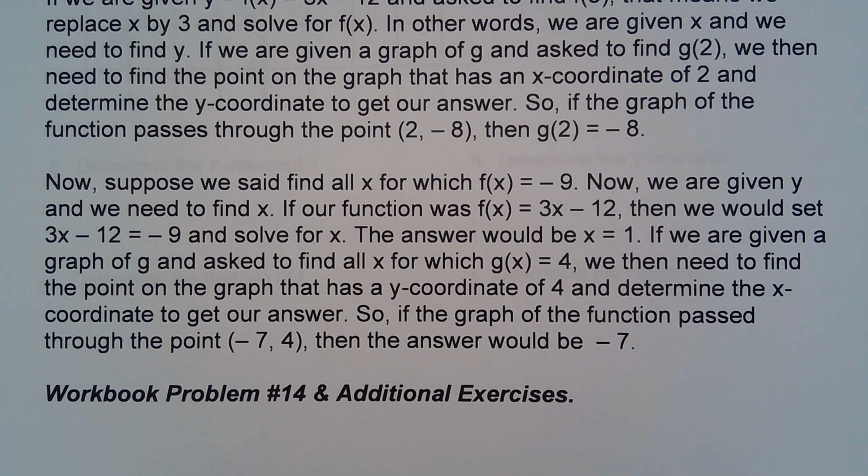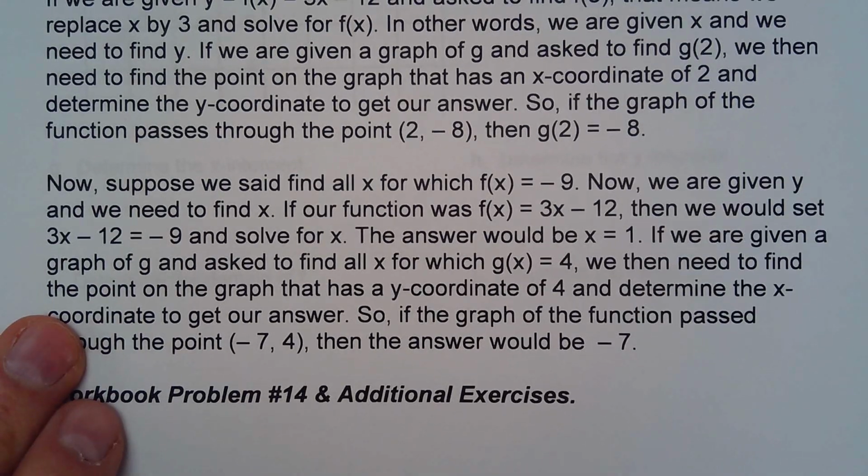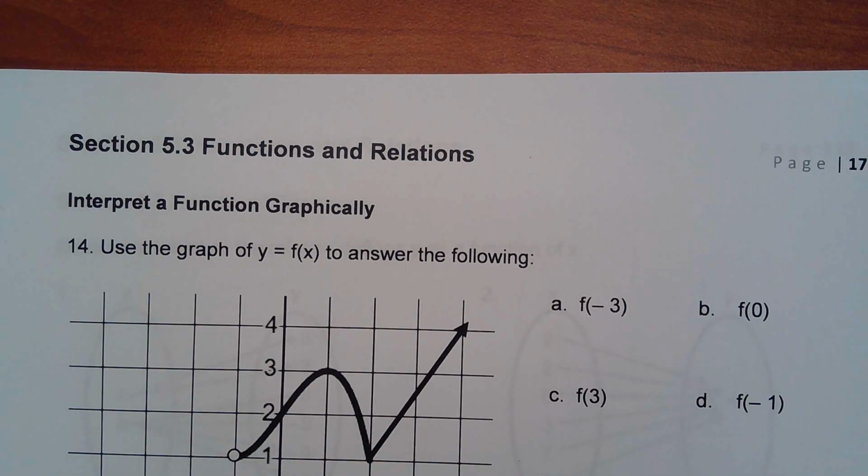If we're given a graph of g of x and asked to find all x for which g of x equals 4, we need to find the point on the graph, and there may be more than one, that has a y-coordinate of 4 and determine the x-coordinate to get our answer. So if the graph of the function passes through the point (-7, 4), then the answer would be negative 7. So now we're ready to flip back to page 17.